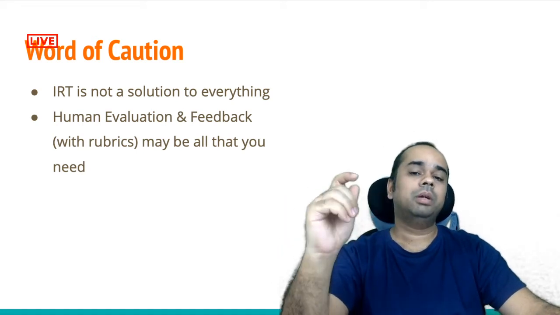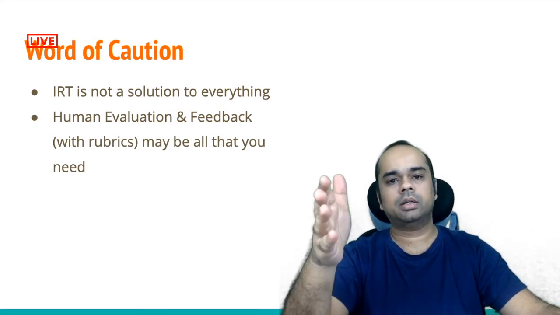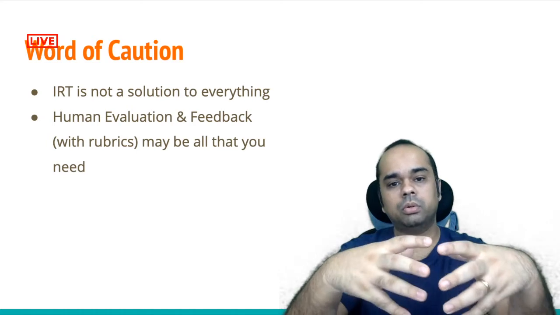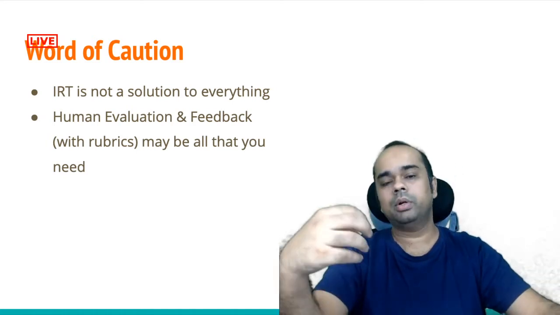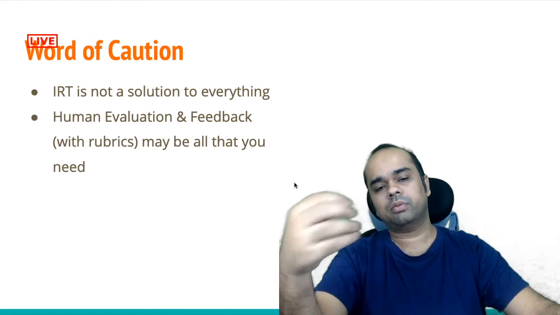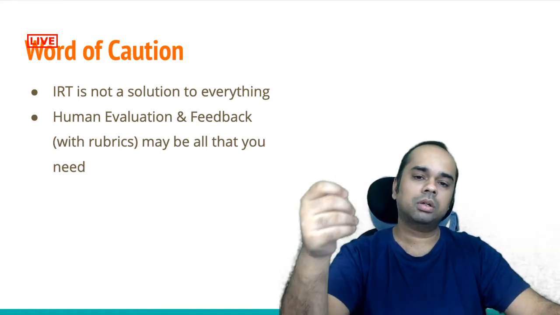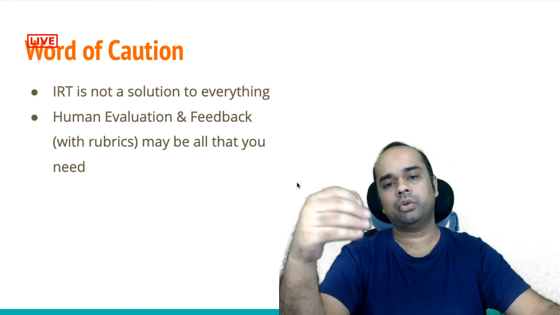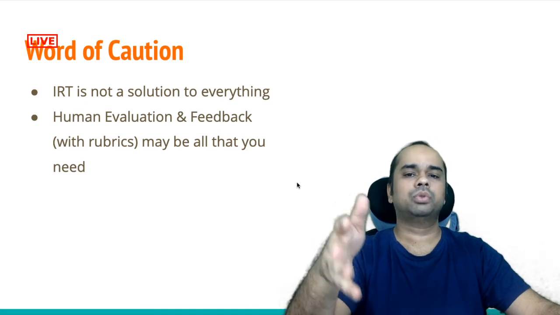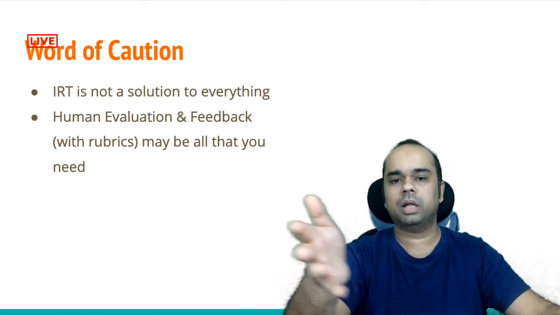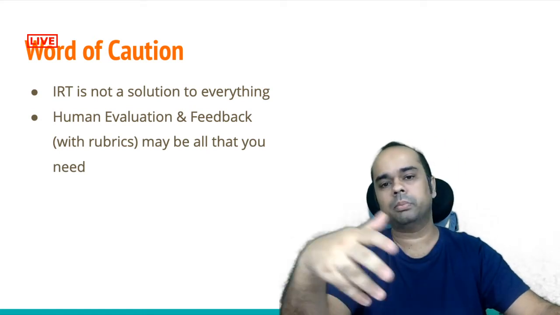Human evaluation and feedback. There are a lot of these online platforms where people code and submit their code, or people build projects and submit their projects, and then a human evaluator at the other end, with a certain amount of delay or clearly defined SLAs, comes back to you with qualitative or quantitative feedback. The instructor in this particular case is using a document called a rubric, which is essentially a document that helps the instructor evaluate this assessment on these 12 points.